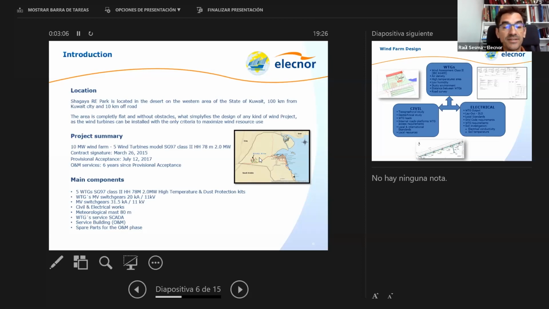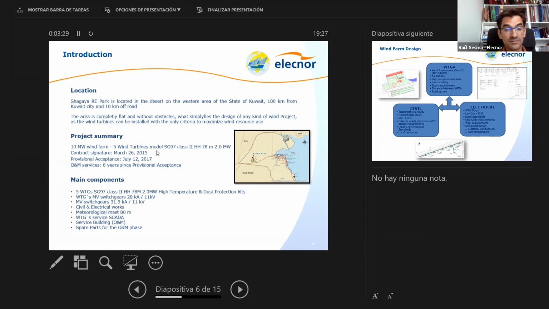This is the flatness of the area, without any obstacle. For the design, you only need to take into account the distance between turbines, as you don't need to care about other obstacles that can cause any turbulence on the turbines.